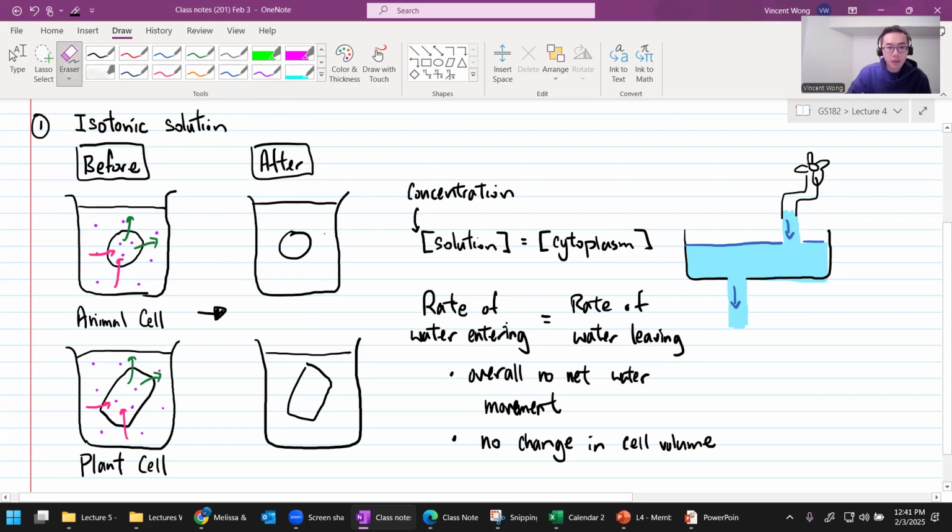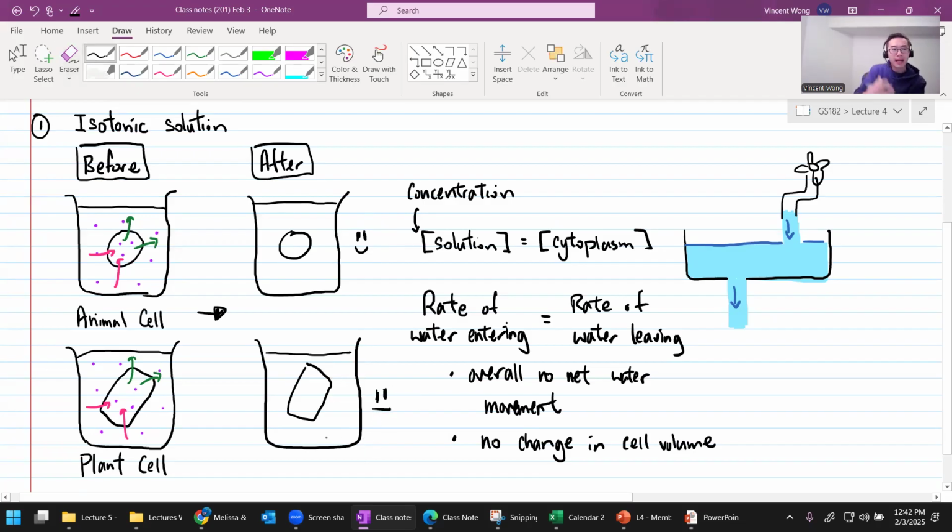So our animal cells will be happy. It likes it isotonic. All the cells in our body function best when the environment is isotonic. For the plant cells, they are okay. They're not super happy, they're not sad, they're just okay.